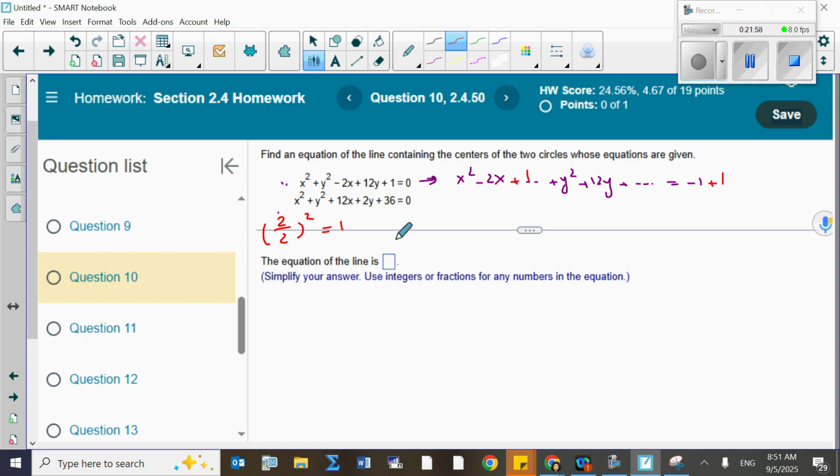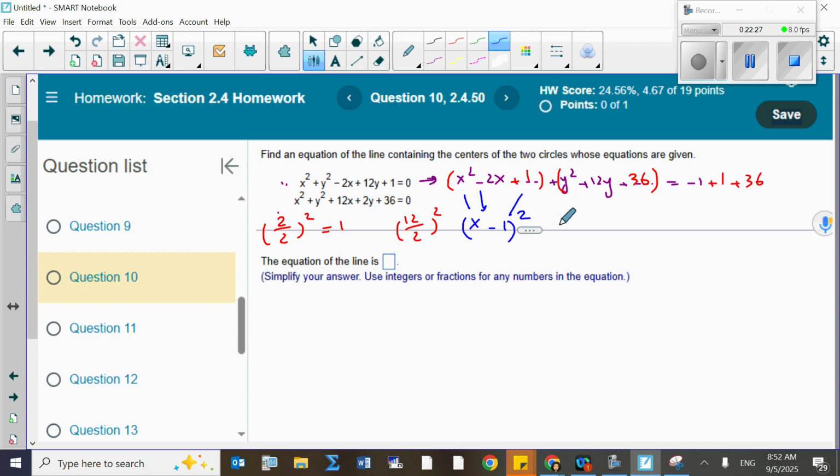At the same time, I'm adding that to the other side as well. Next one, what is going to be added here? The b value divided by 2 raised to the power of 2. That's 6 squared, 36. So I added 36 to the other side as well. Now, make a perfect square out of each group. The perfect square of this one will be the square root of this, square root of this, and this sign is going to come here.